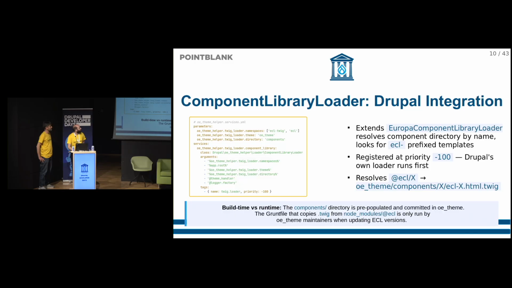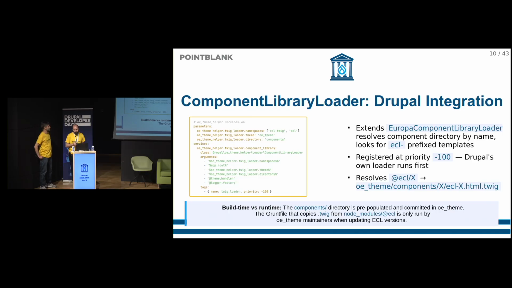So you have the component library loader. It's in a module of OE theme, the OE theme helper module, that registers the Twig loader under Drupal's own template discovery. So Drupal's template discovery runs first. Then it looks inside the theme's component directory for the templates and expects file names prefixed with ecl or ecl-twig.